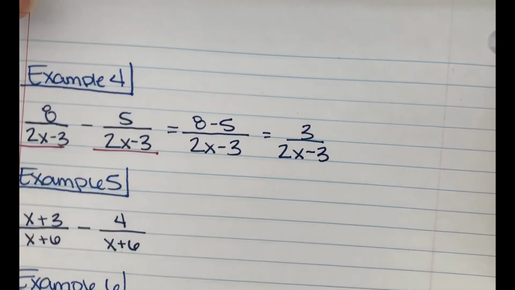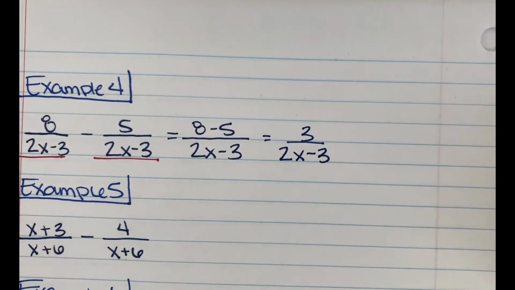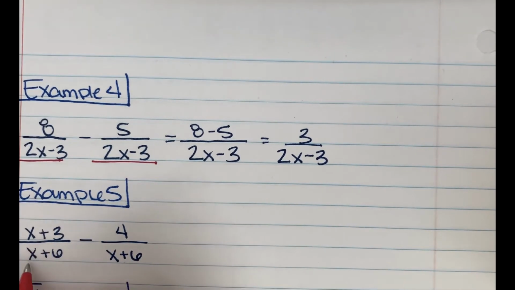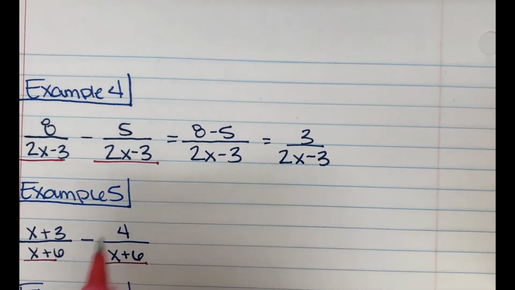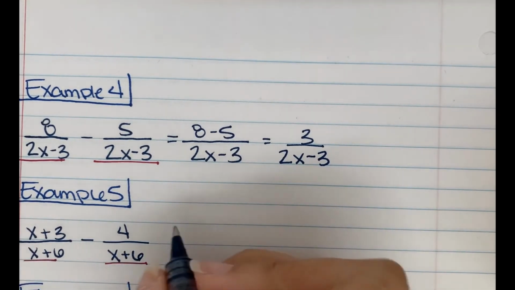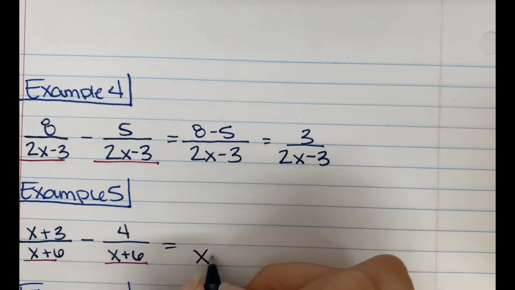Example 5 has x plus 3 over x plus 6 minus 4 over x plus 6. Our denominators are both x plus 6. So in our answer, we're going to have x plus 6.